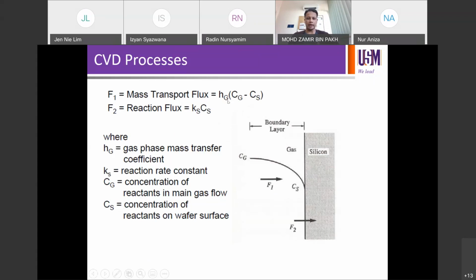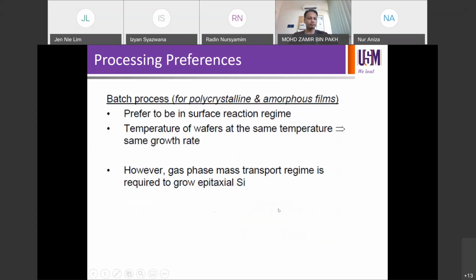The first one is given by the gas phase mass transport coefficient Hg times Cg minus Cs, the concentration in the gas form and the concentration on the wafer surface, right? So F2 is given by KsCs. Ks is the reaction constant times the concentration of the reactants on the wafer surface in order to do the growth.